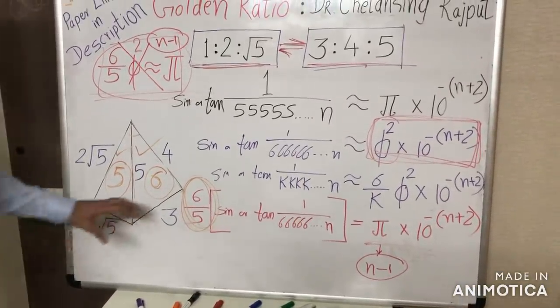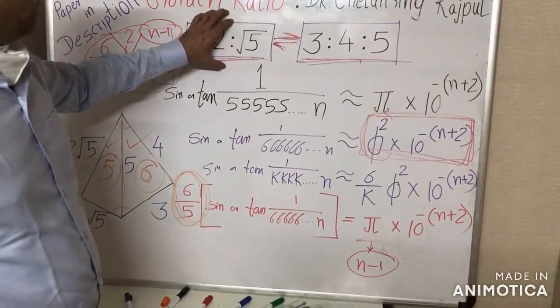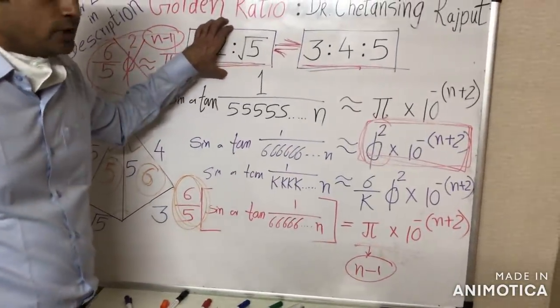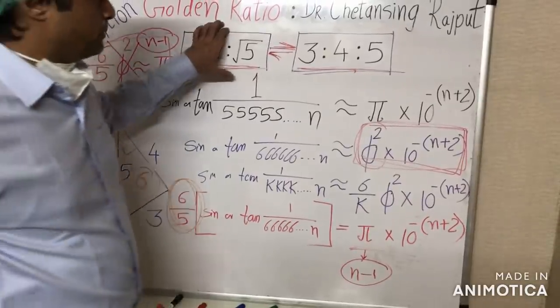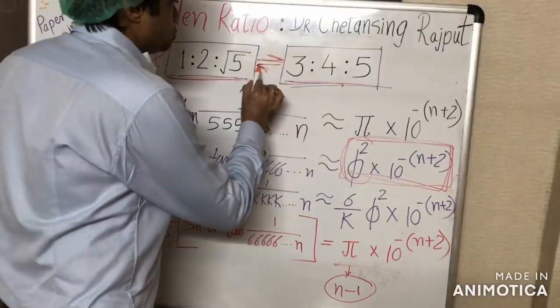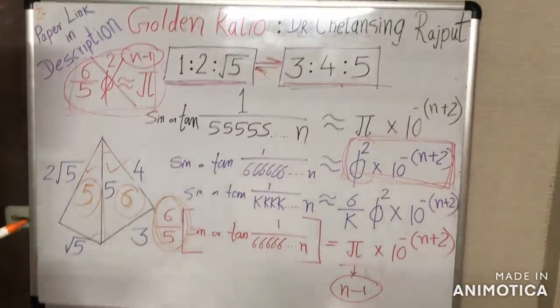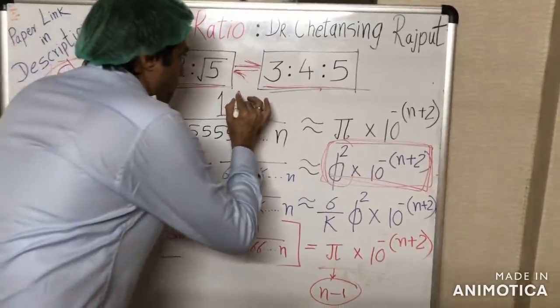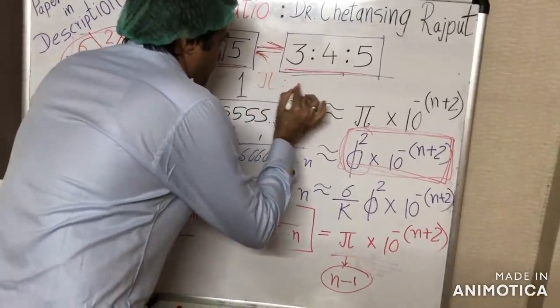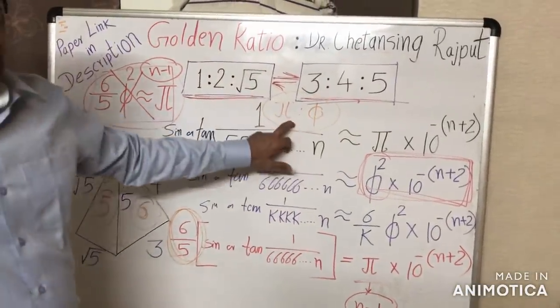And not just up to here, the classical correspondence between these two triangles also enables us to derive the precise pi-phi correlation. How? That we'll see in the last part of this video.